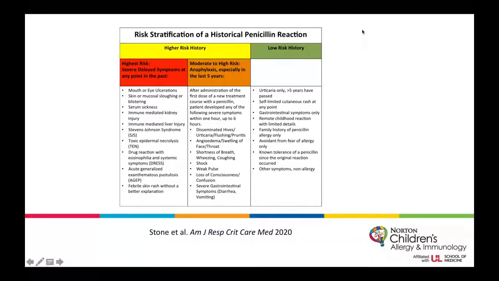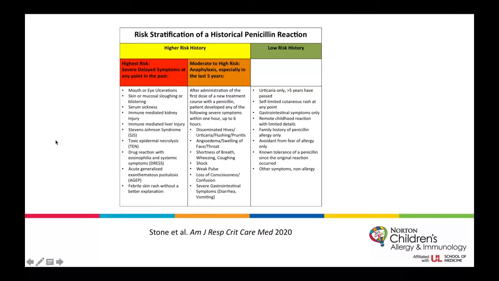So this is what I do whenever any patient comes to us with any history of an allergic reaction to any drug. So this is not just for penicillin. What we are essentially trying to do is make sure they do not have the highest-risk reactions, and that is SJS, TEN, AGEP, or acute generalized exanthematous pustulosis, serum sickness, things like that.